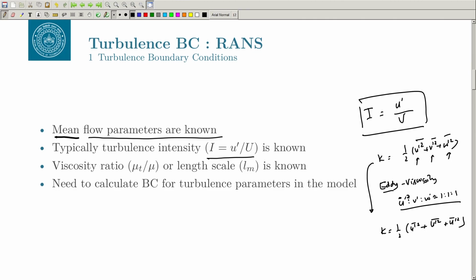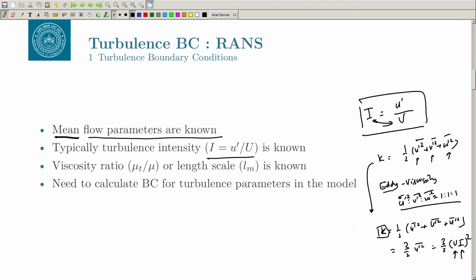The scales are equal; there is no anisotropy in any direction. Then it becomes 3/2 u prime square, and u prime is the intensity times u. So if you know the intensity and the mean value, you can calculate the turbulence kinetic energy. That is the idea.